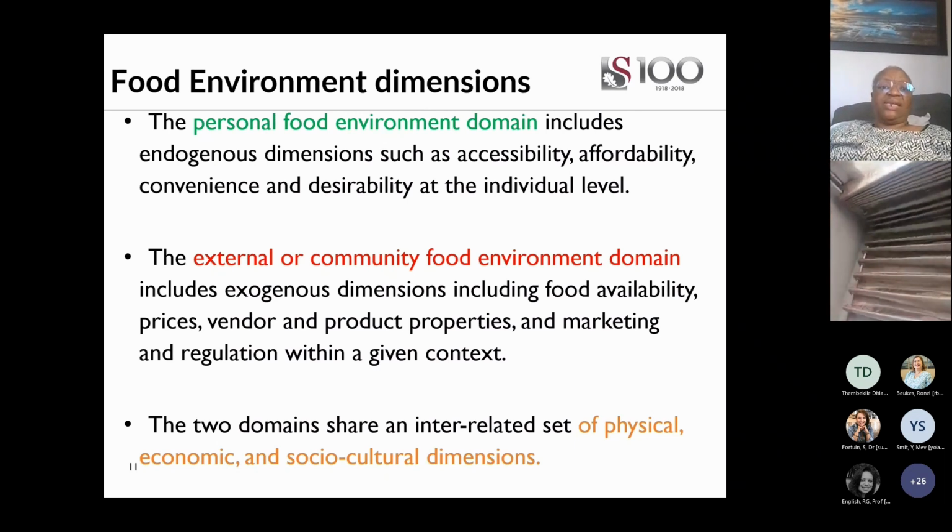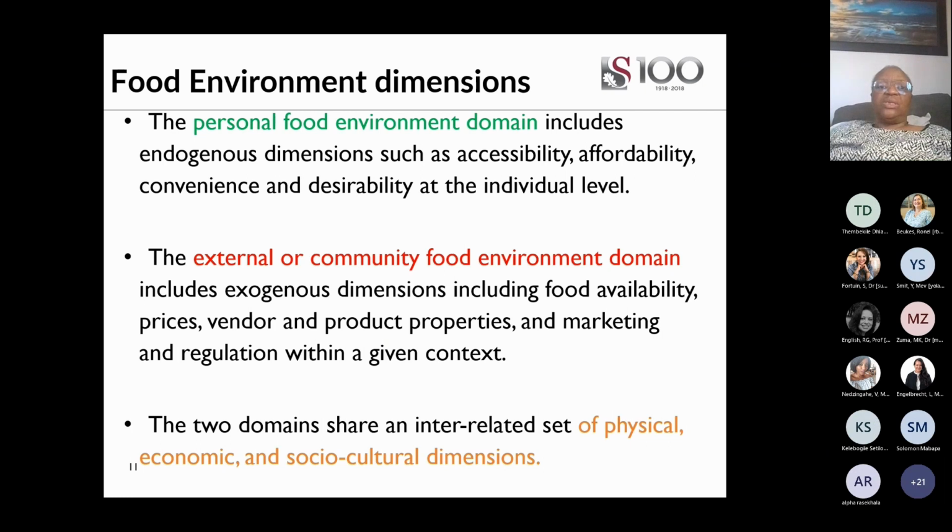Whereas the external includes dimensions such as availability, but more importantly also the prices, the vendors, the types of products available, and the marketing of this. And these two domains, the external and the endogenous, are interrelated.